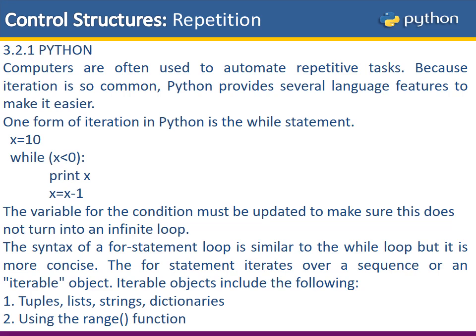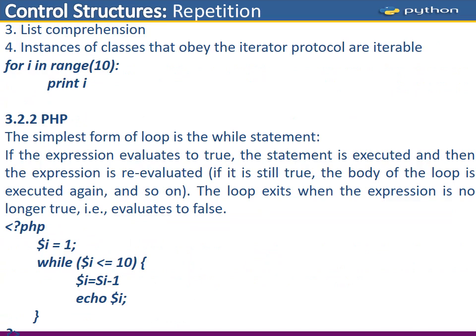So the for statement iterates over a sequence or iterable object, and such an iterable object can be a list, a string, a dictionary, and you can use the range function as well. It can be a list comprehension, and instances of classes that obey the iterator protocol are iterable.